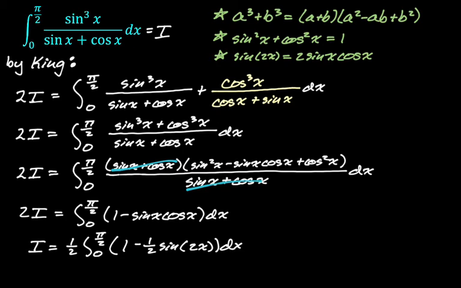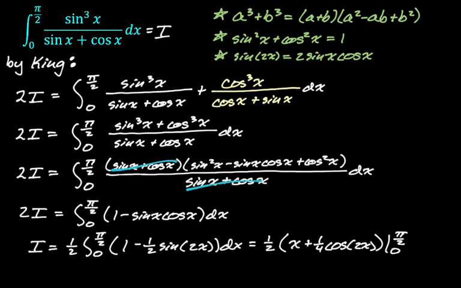The 1 stays, we replace sine cosine with 1/2 sine of 2x. And then we can integrate from there. So it's 1/2 quantity x. And then you end up with negative 1/2 times negative 1/2 cosine, so plus 1/4 cosine of 2x, and then from 0 to pi over 2.